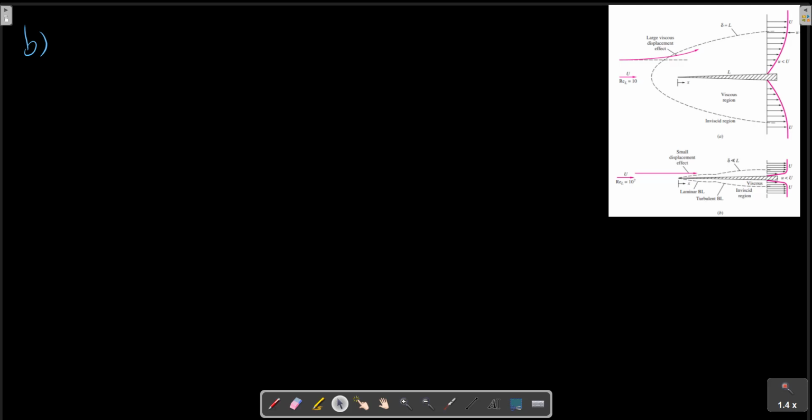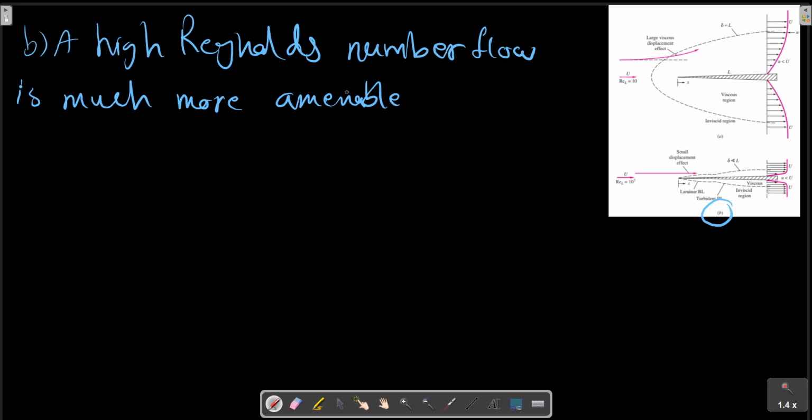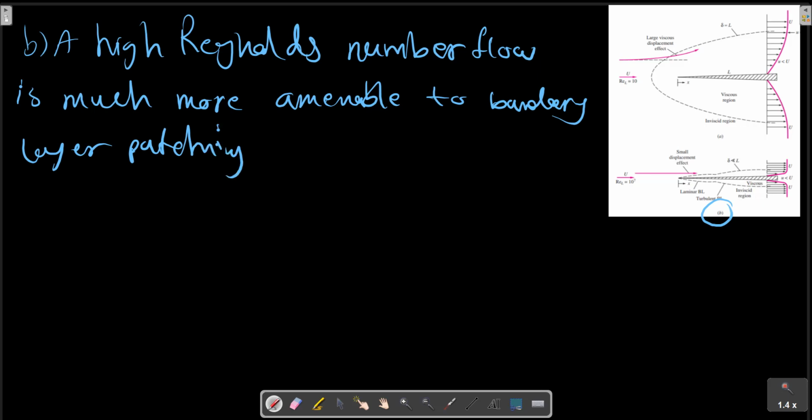A high Reynolds number flow in this picture is much more amenable to boundary layer patching, as first pointed out by Prandtl.